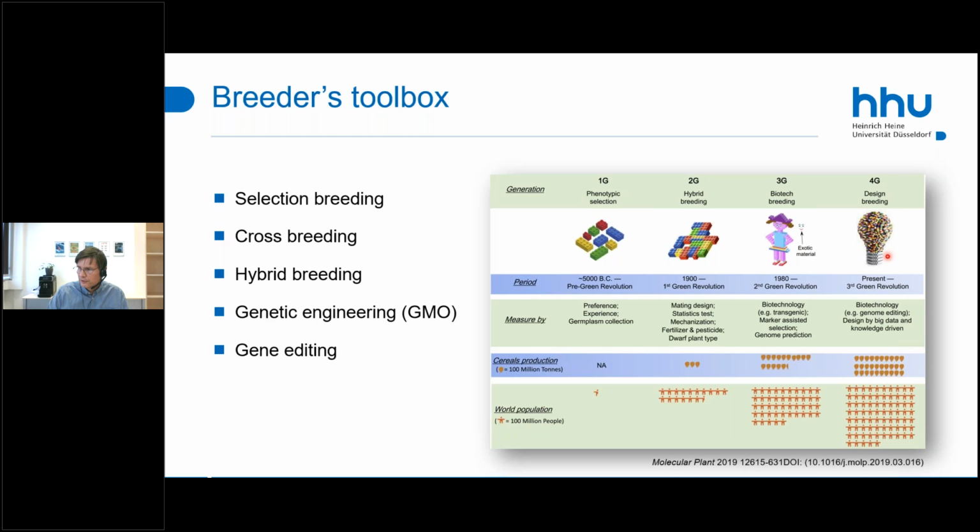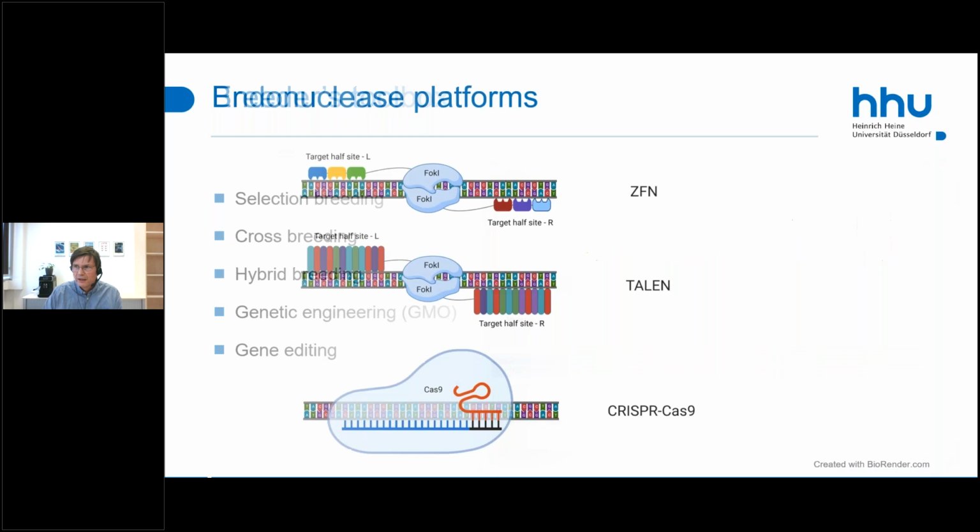And last but not least, we have now more biotechnological approaches and tools in the box, like marker-assisted breeding and also genome editing or gene editing, I have to say. And over the last 2 decades, there are several platforms developed, which are listed here on this slide.